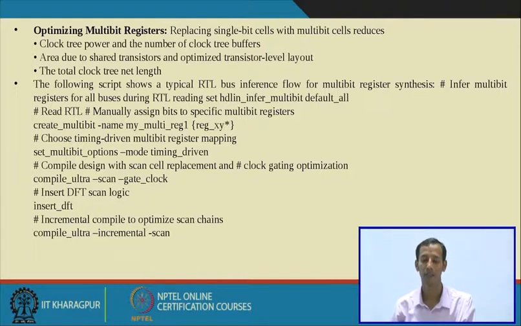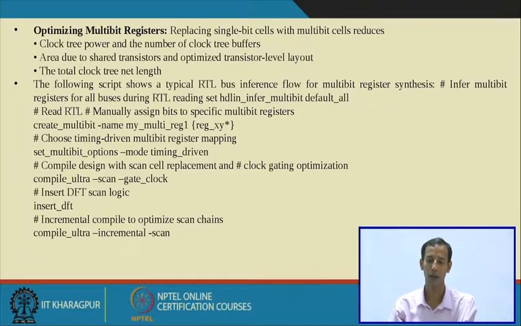The following script shows a typical RTL bus inference flow for multi-bit registers. So what is that flow? First, you manually assign the bits to specific multi-bit registers, that is create_multibit -name my_multi_reg_1 with this reg_xy*.